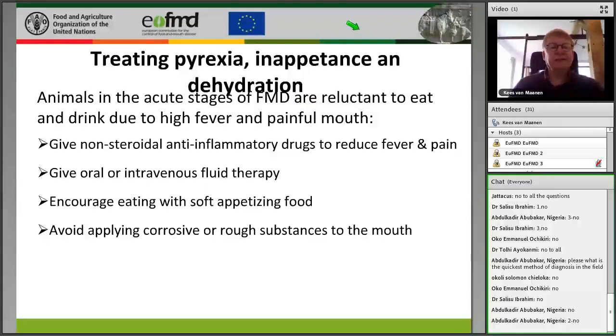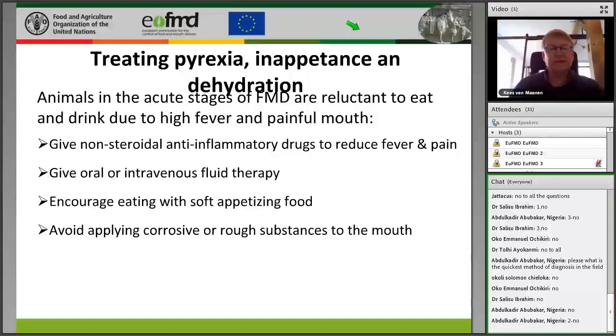Animals in the acute stage of FMD are reluctant to eat and drink due to the high fever and the painful mouth. And so you should give them NSAIDs to reduce the fever and the pain, and to improve also the appetite. Give oral or, if needed, even intravenous fluid therapy. Encourage the eating with soft, appetizing food, and avoid applying corrosive or rough substances to the mouth.